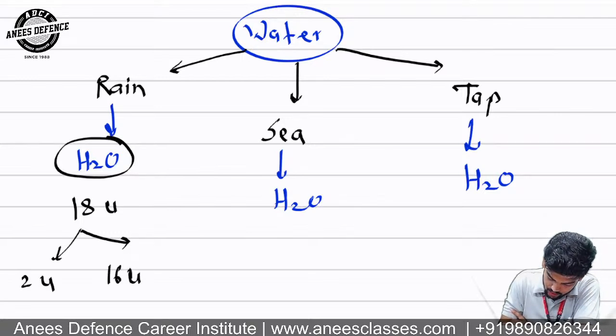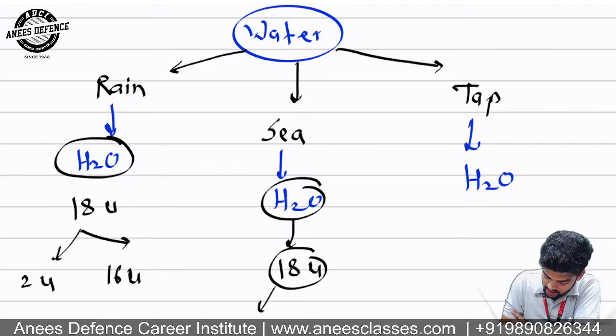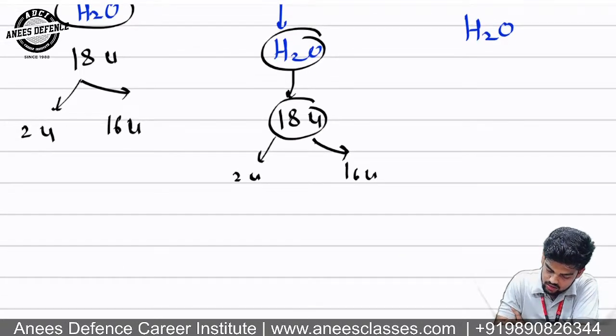Similarly, seawater also contains 18U by its mass, in which 2U of hydrogen and 16U of oxygen.